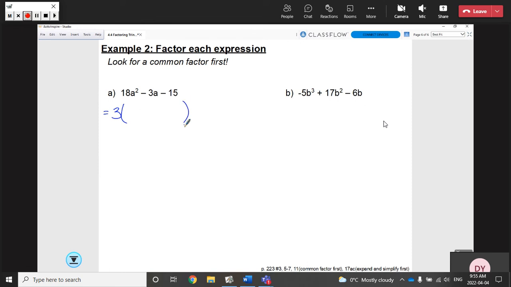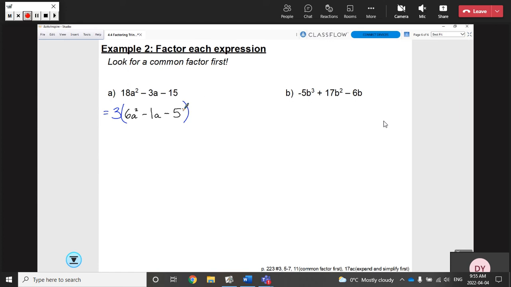What's this going to look like here? 3 times 6a squared, I know, I'm going to write x at some point, so just be cautious, minus a, minus 1a, minus 5. Agreed? So we common factor out a 3.